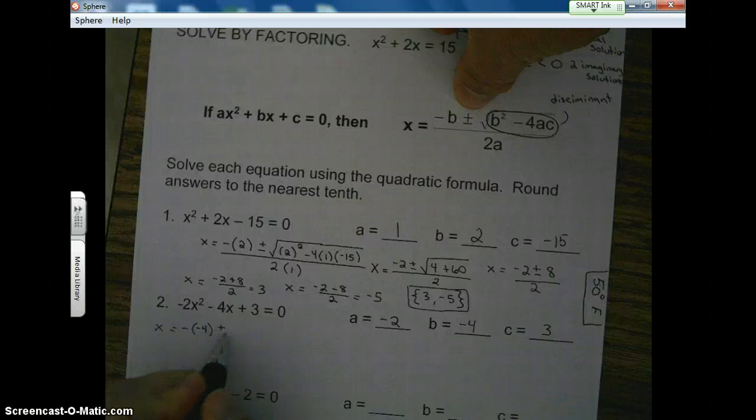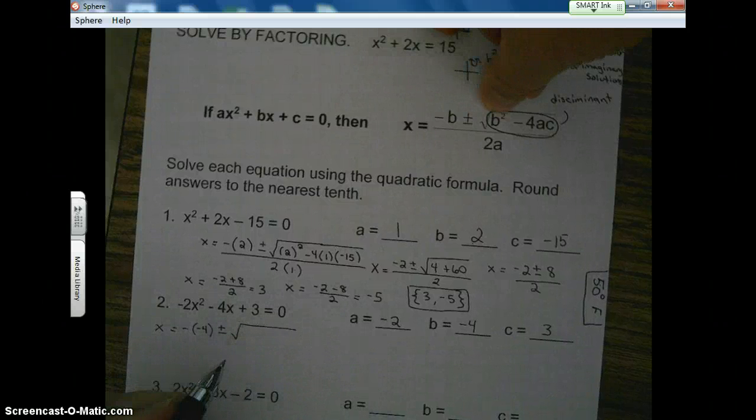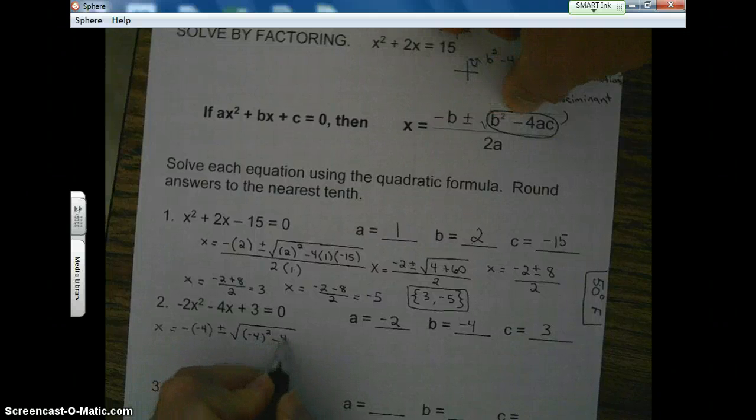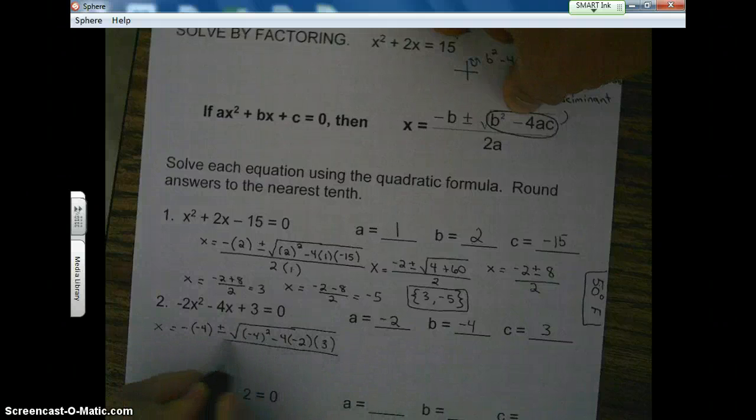Plus or minus radical. Now I like to put my numbers in parentheses because of the negative sign. So negative 4 squared minus 4 times a, which is negative 2, times c, which is 3. Dividing it all by 2 times a.